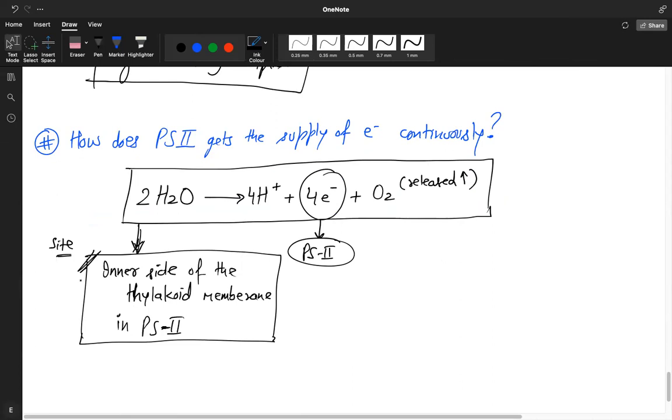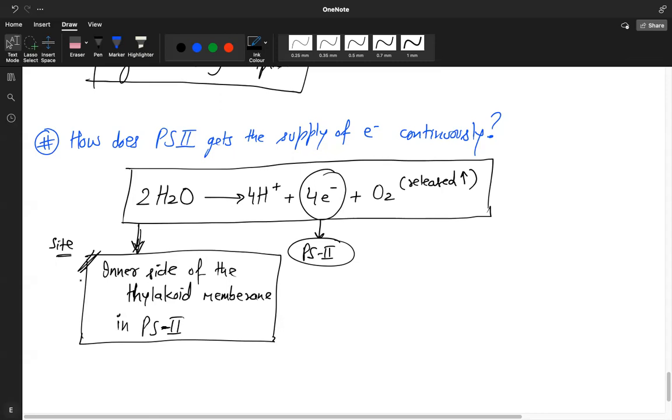So it's obvious. Photosystem 2 gets the electron, and all the electrons which are lost from photosystem 1. And why are they lost? Because they are lost in producing NADPH. So all the electrons which are used up, or which are removed from photosystem 1, are supplied by photosystem 2.